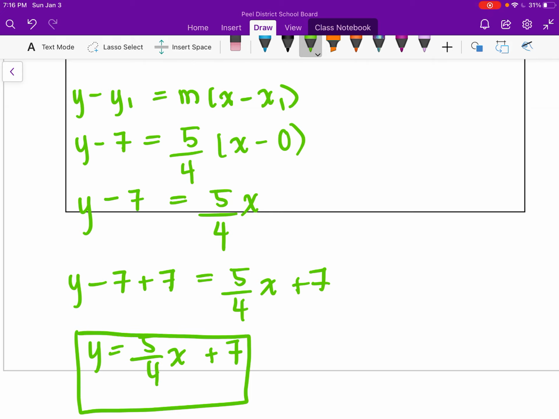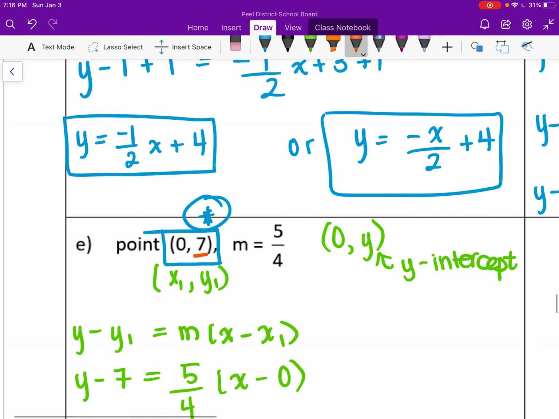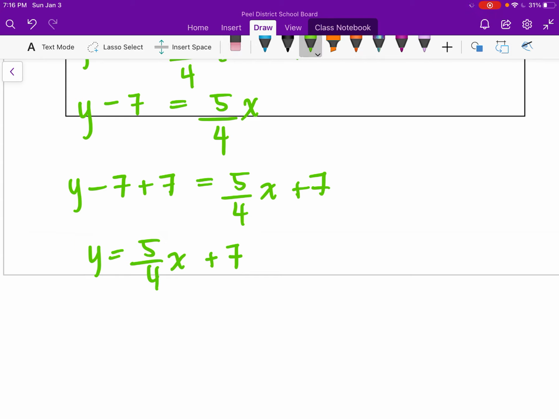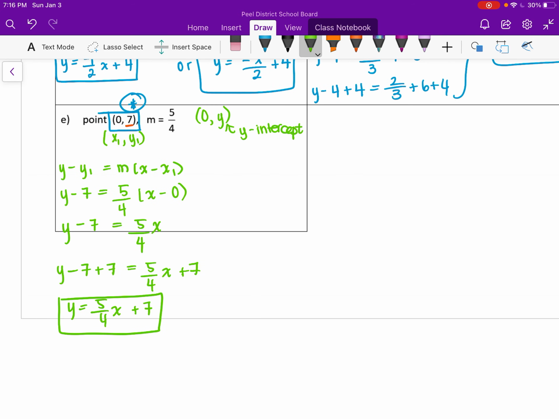You notice here that your 7 is the y-intercept, which you already knew. So theoretically, you could have just gone in and said y equals mx plus b. You didn't have to go that way.